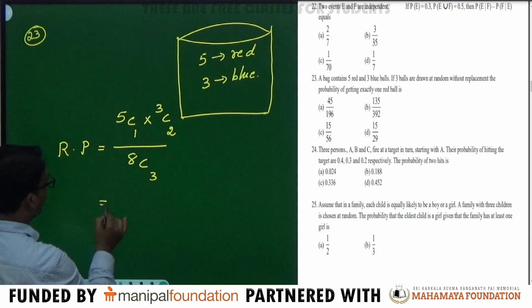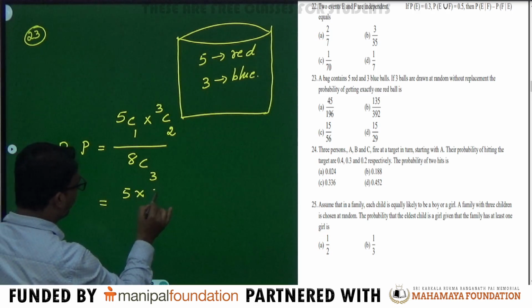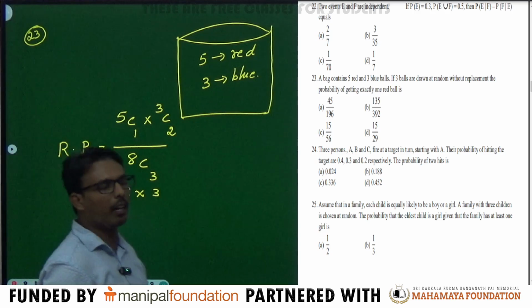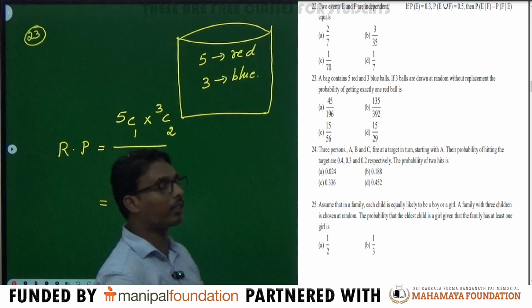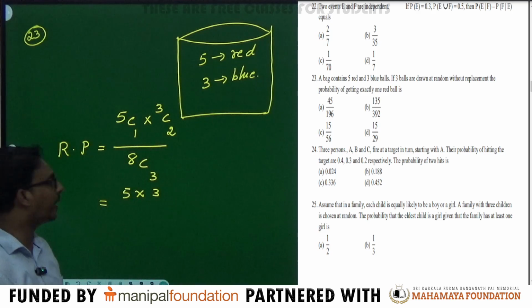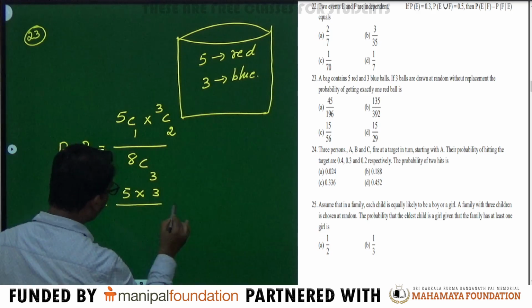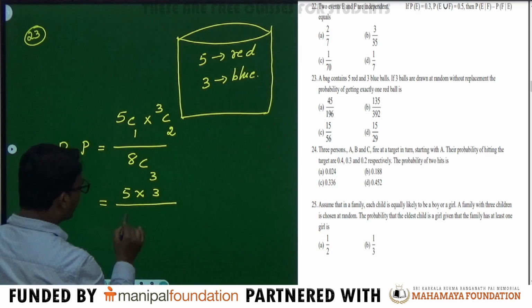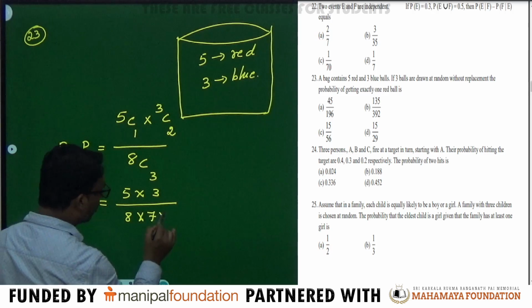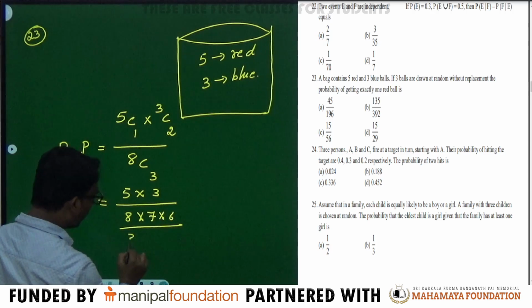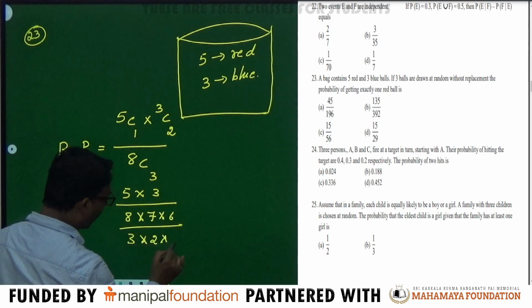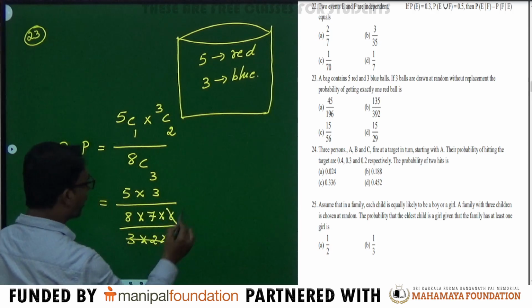Therefore, the value of 5C1 is 5, the value of 3C2 is 3. We know that nCr is equal to nC(n minus r). So 3C2 is equal to 3C1, that is equal to 3. The value of 8C3 is 8 into 7 into 6 by 3 into 2 into 1. So 3 twos are 6 and 6 get cancelled.